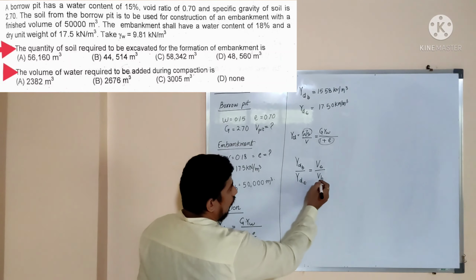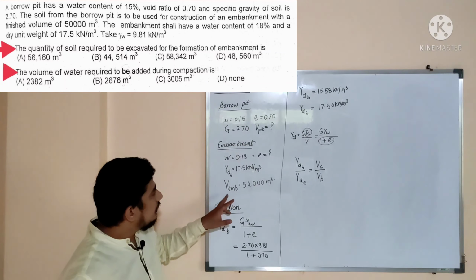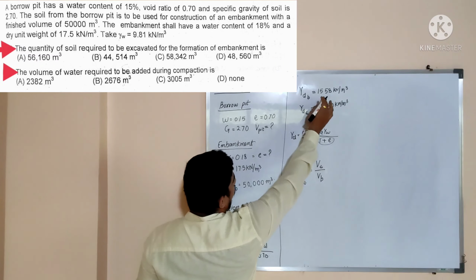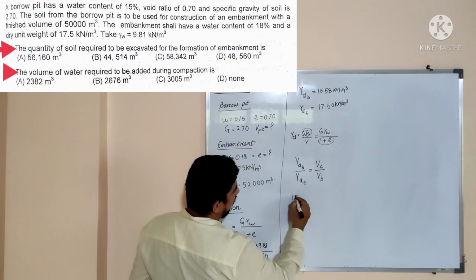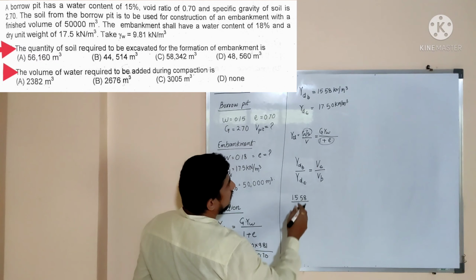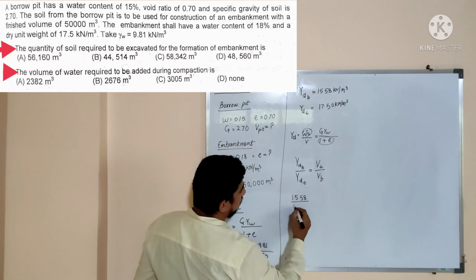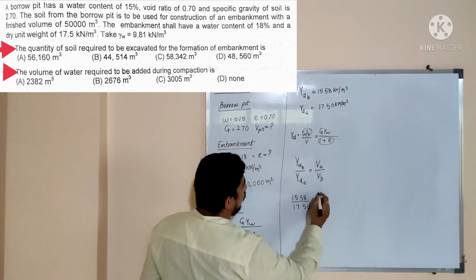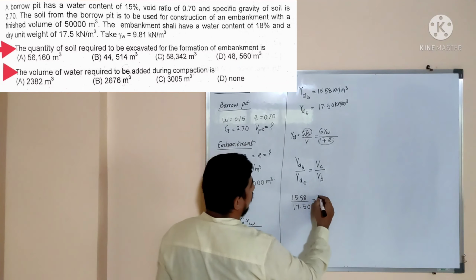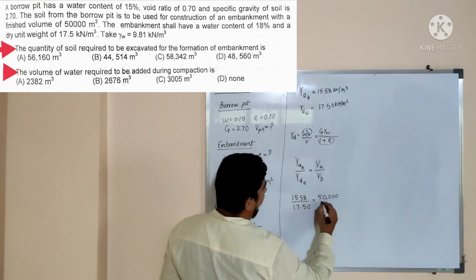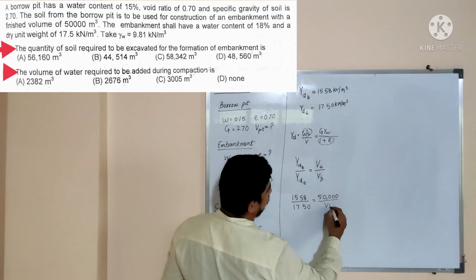Okay, so what do we know? V embankment is known to us. Gamma dB we have calculated, that is 15.58, gamma dE that is 17.50, VE that is 50,000, and VB is unknown.